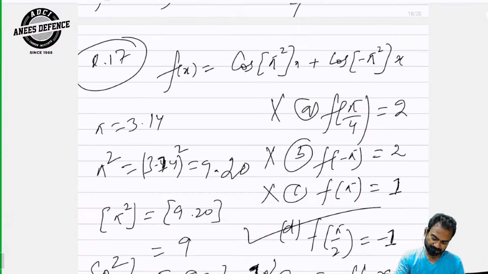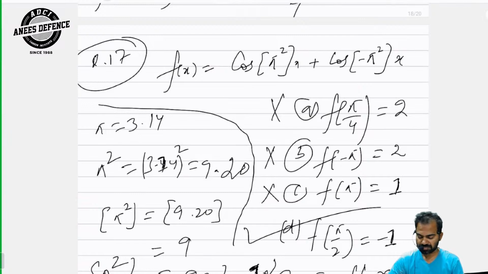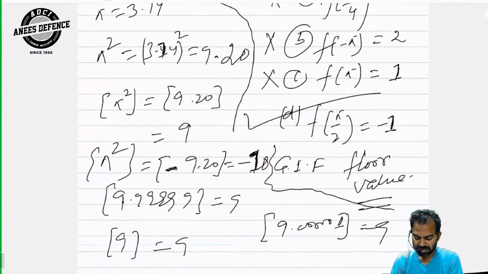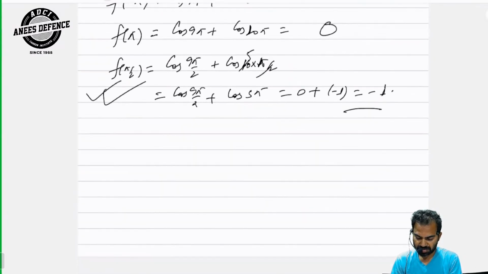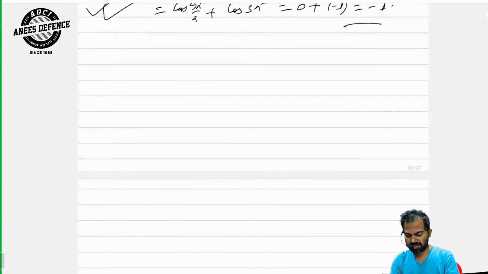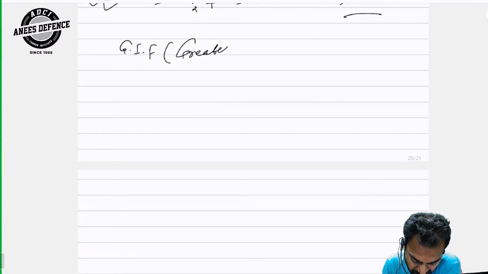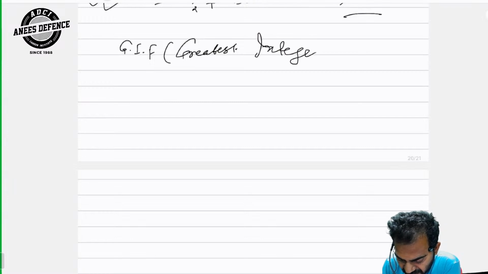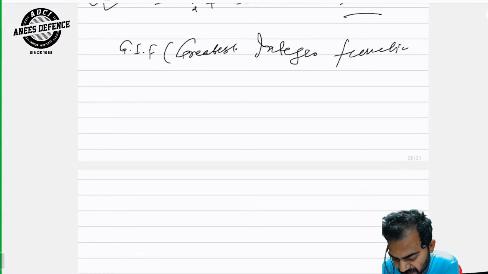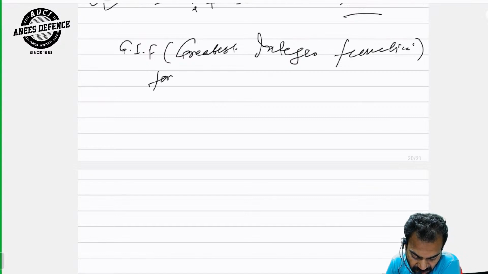Write the questions and options. You know about greatest integer functions? No. Greatest integer function or floor value.